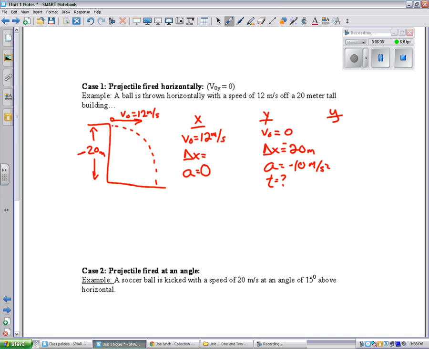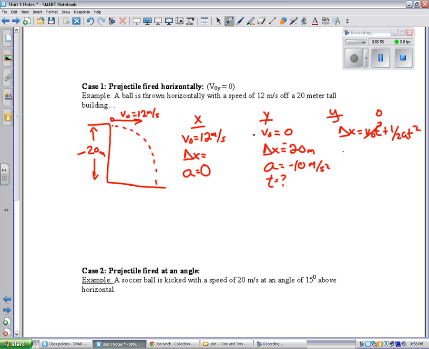So if we remember our equations, the one that has these variables in it is the delta x equation. It's kind of nice because with v0 being 0, 0 times any t is going to be 0, so this is 0 here, so I don't have to worry about it.